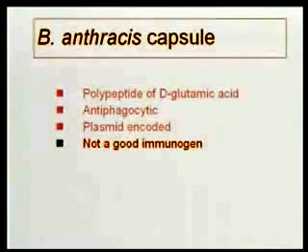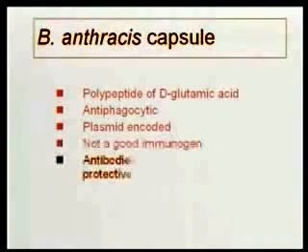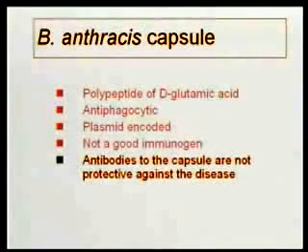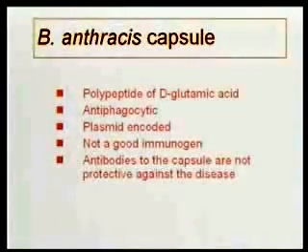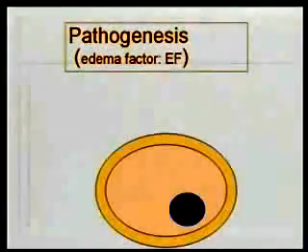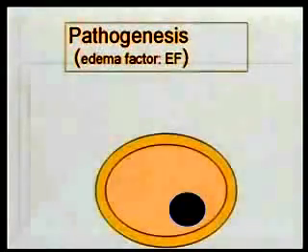It is not a good immunogen, although it is being tried by some people. Antibodies to the capsule are not protective, even if they are produced. What antibodies are protective, we'll come to that later.